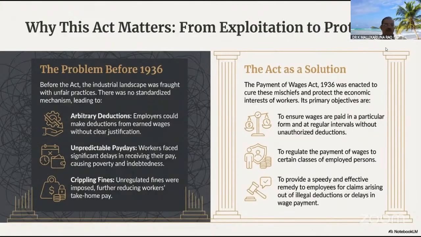The workman could get the salary irrespective of the date, as per the management's interest. There was no specified time period. And unregulated fines were imposed on both sides. If the management did not pay salary in time, there were no legal provisions.